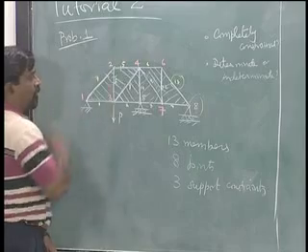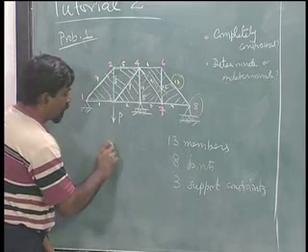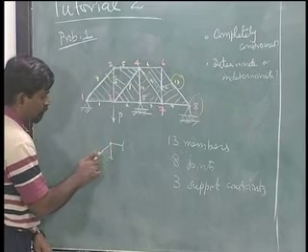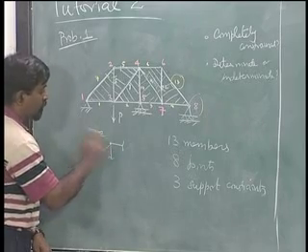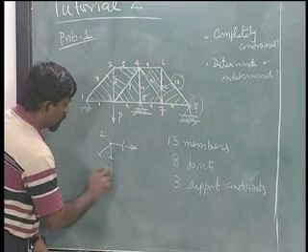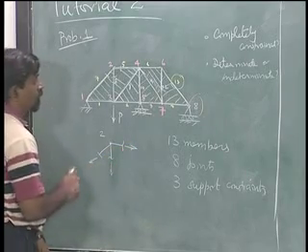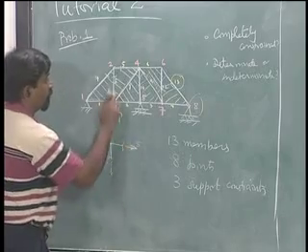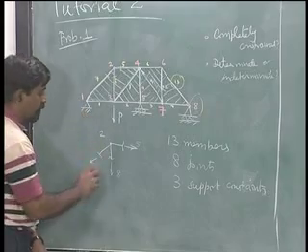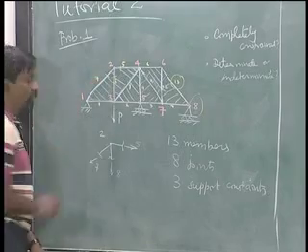For example, if I take this joint 2 and draw the free body, this is joint 2, I am exposing the member forces here. This is member force of 5, this is member force 8, this is member force 7, right.